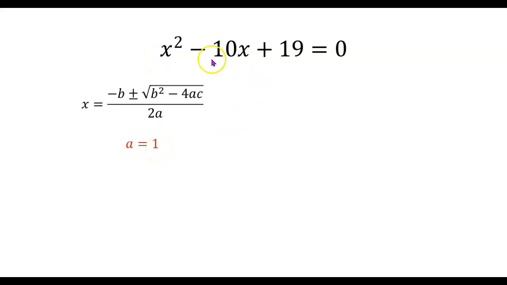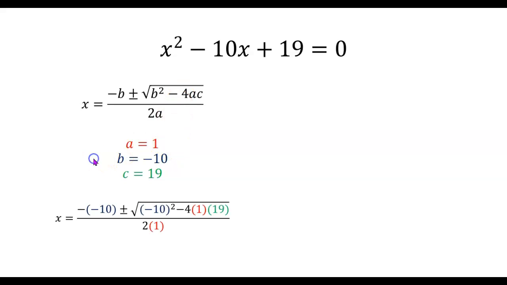What number are we going to be putting in for B? -10. What number are we going to be putting in for C? 19. So when we put these numbers into the formula, we get x equals minus -10 plus or minus the square root of -10 squared minus 4 times 1 times 19 all over 2 times 1.